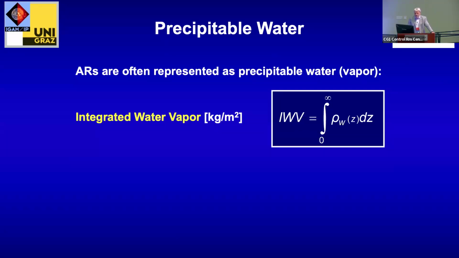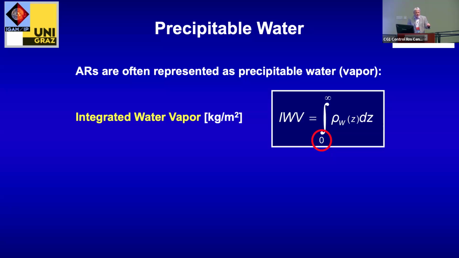When we represent atmospheric rivers, it's often done in terms of precipitable water vapor. To do that, we first need the integrated water vapor. So we take the water vapor density and integrate it all the way from the surface to infinity. Infinity is less of a problem, but the surface can be a problem because there's lots of water vapor in the lowermost kilometers, and not all our profiles penetrate so far down.